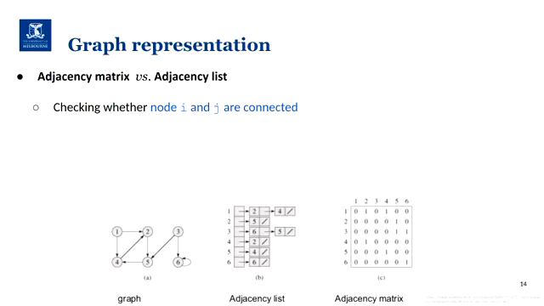While the matrix has a constant processing cost, this, for a dense graph, could be up to linear. So if 2 is connected to every single node in your network, you need to repeat the operation up to n times. So it's less efficient to just check whether a couple of nodes are connected or not.